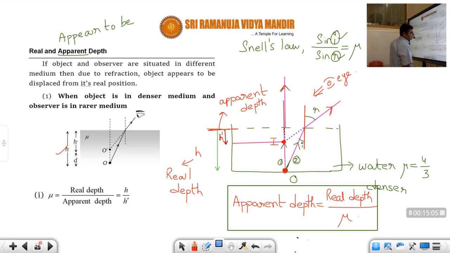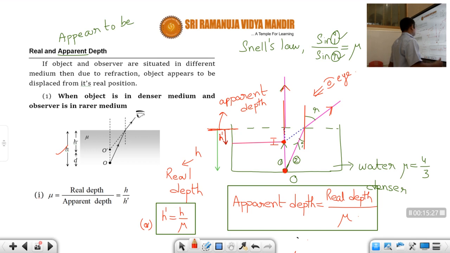Apparent depth is equal to real depth by mu, or in other words we can also write h dash is equal to h by mu, where h dash is called the apparent depth, h is called the real depth, and mu is called the refractive index of the water, of the material in which the object is there. For example, let us say mu is equal to 4 by 3 and h is equal to 10.